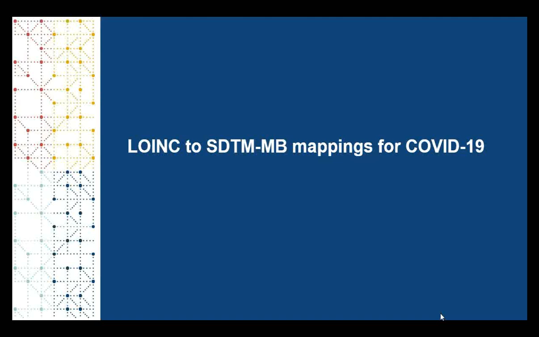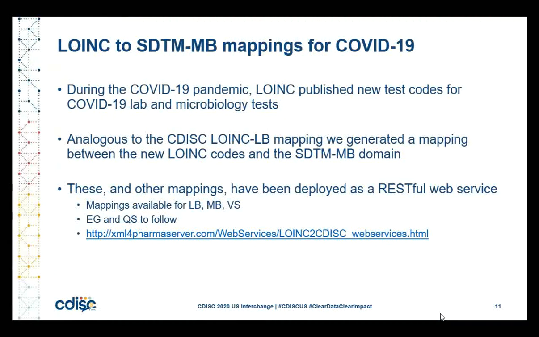Let us first concentrate on the mapping between the new LOINC codes for COVID-19 testing and the SDTM MB domain. During the COVID-19 pandemic, LOINC published new test codes for COVID-19 and other microbiology tests.